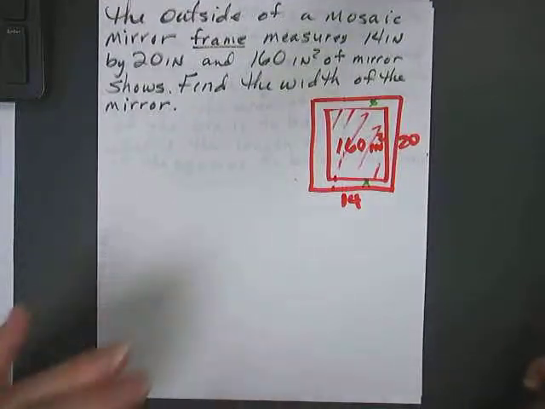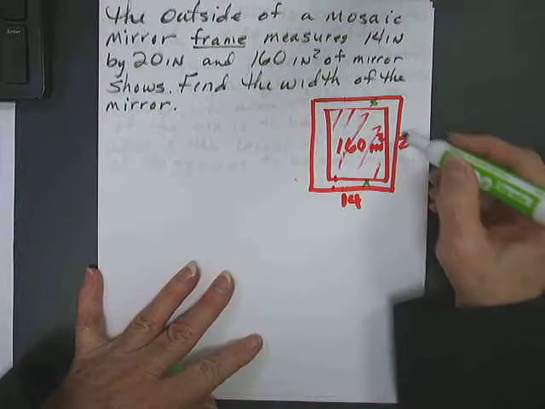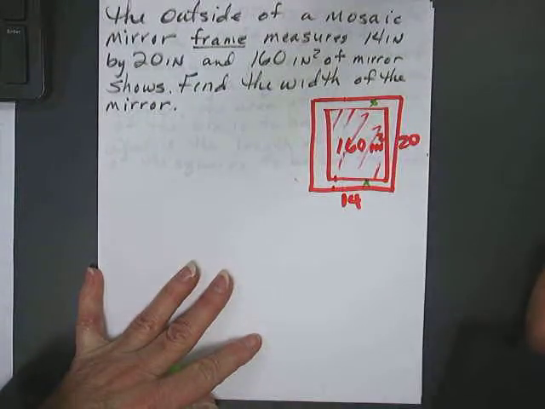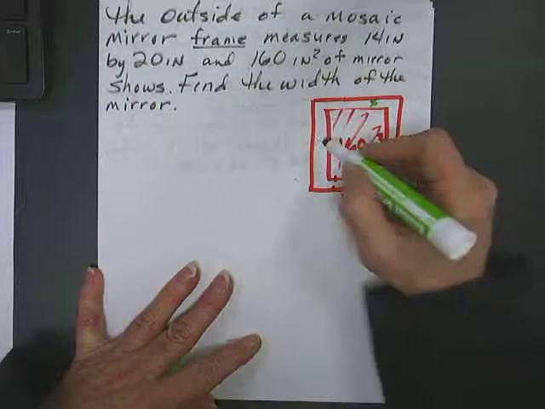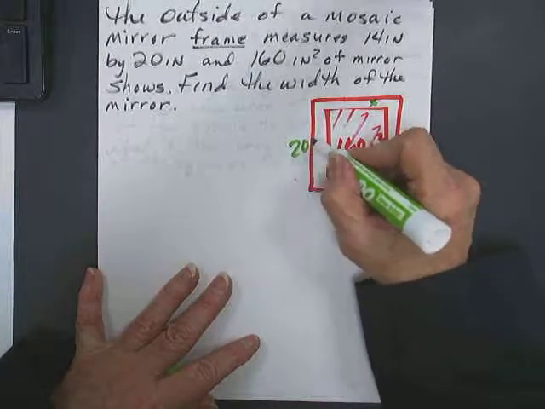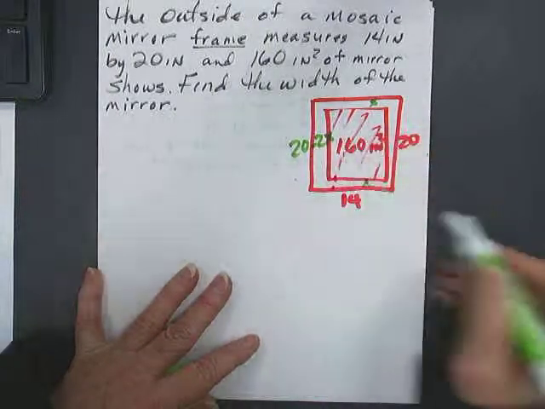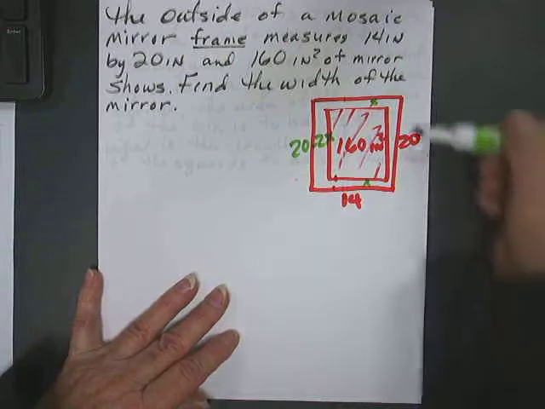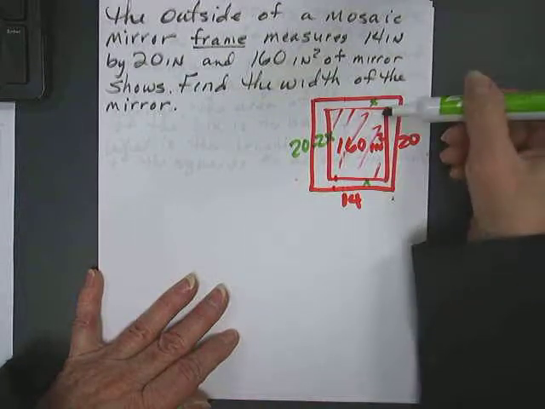Let's call it X, because we don't know. If this is X and this is X, then the mirror is going to be 20 minus 2X, isn't it?